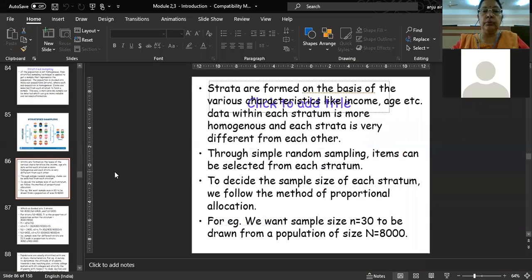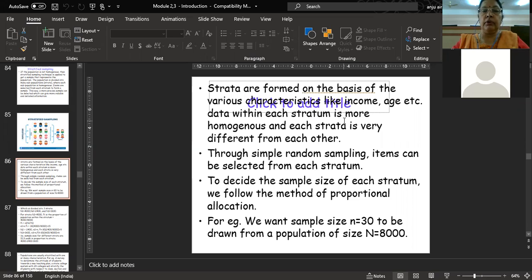So how do you do this grouping of the population? How do you divide the population into different strata? So you can take various characteristics, like on the basis of income, you can divide your population into different subgroups, on the basis of age, or on the basis of occupation, or on the basis of gender.